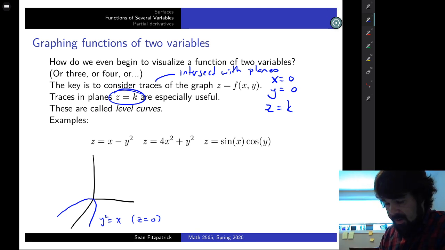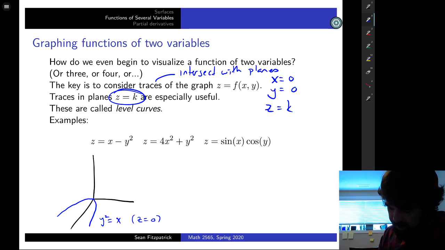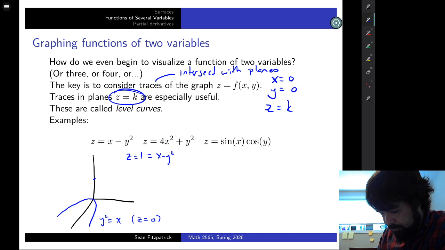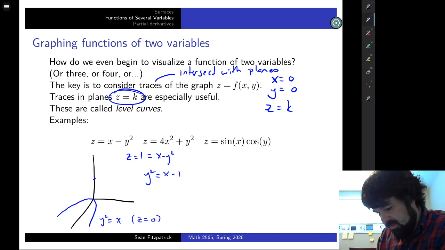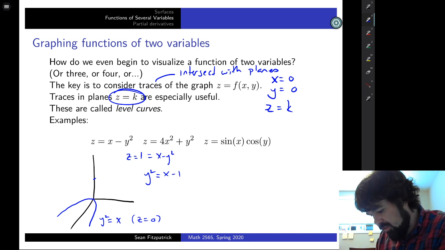But then if I do other values for z, like, what's the z equals 1 trace? If I put z equal to 1, I get x minus y squared, so now I get y squared is equal to x minus 1. Okay? And that's still a parabola opening out. It's just been shifted, right?